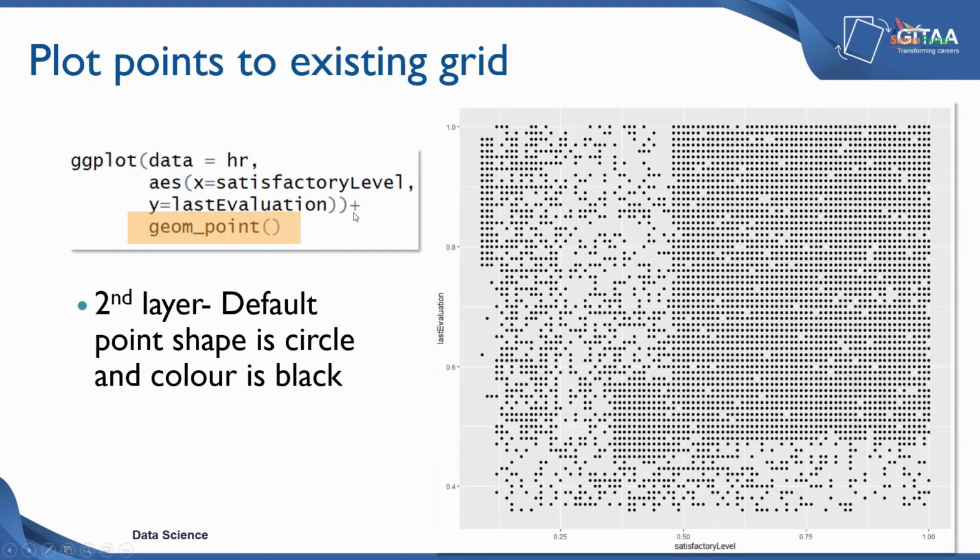I've added a plus symbol here just to make sure that I am adding another layer. Once you run this, you will see a scatter plot similar to the one I have shown on the right, and this becomes the second layer. You can see that the data points are mapped as black circles. So in ggplot, for a scatter plot, the default shape is circle and the default color is black.